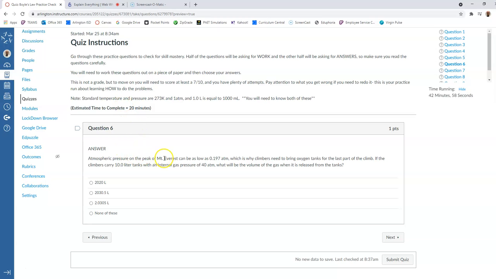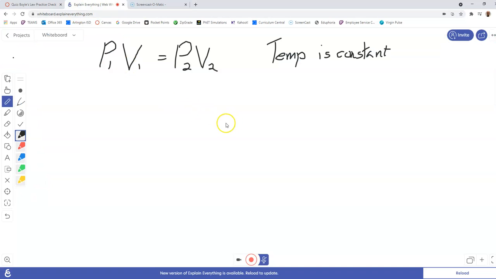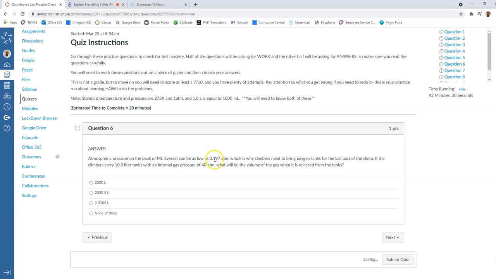Atmospheric pressure at the peak of Mount Everest. Obviously, you don't start at the peak when you're climbing Mount Everest. So the pressure at the peak is going to be P2. We know P2, and that is 0.197.